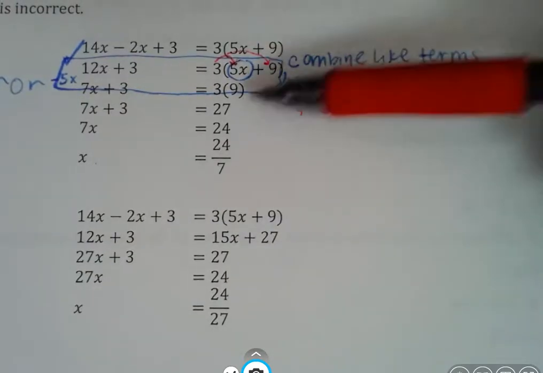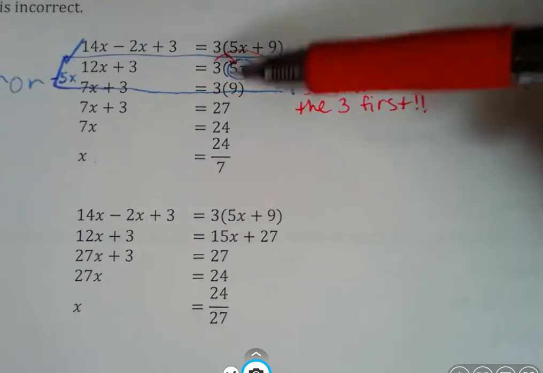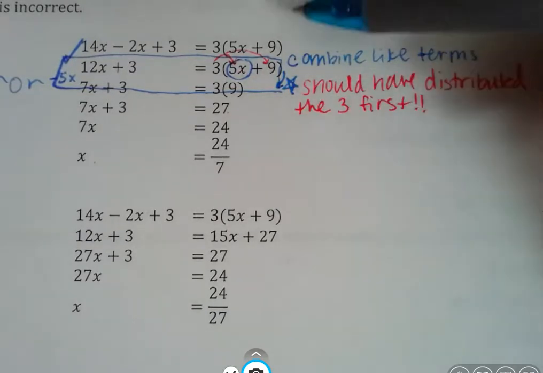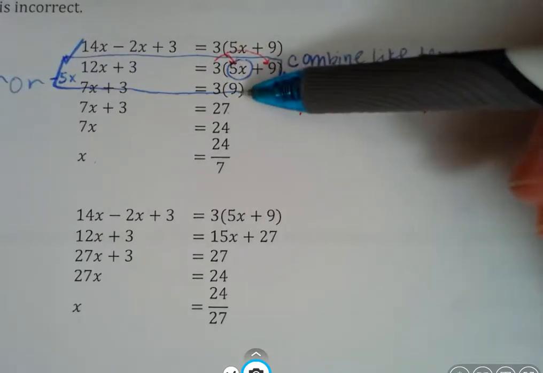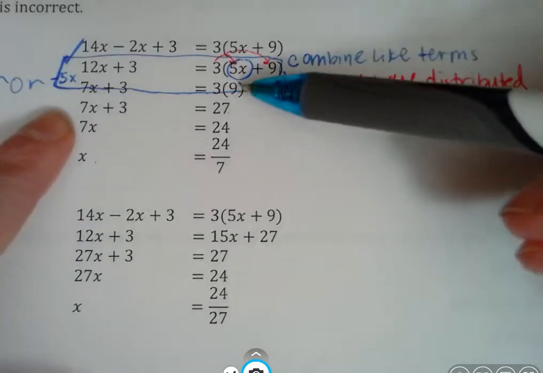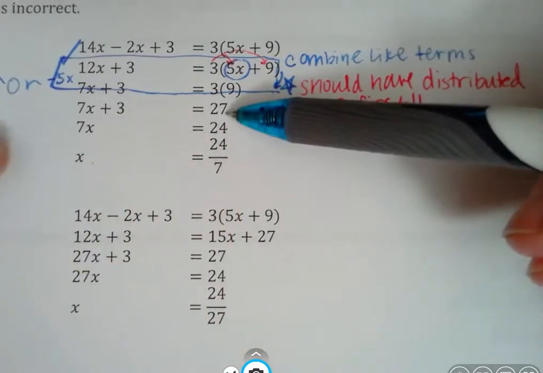Now, if we continue on, at this point, if you were grading this, it's wrong, done, whatever. But if we continue to look and see what she did, if this part was correct, she completes everything correctly. If you look here, she multiplies 3 times 9 and gets 27.